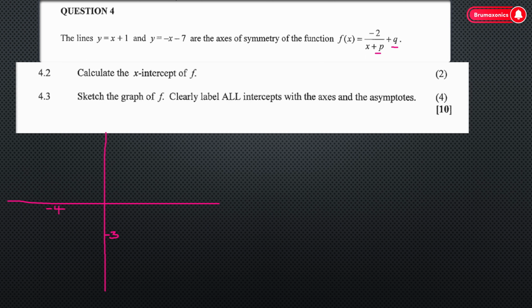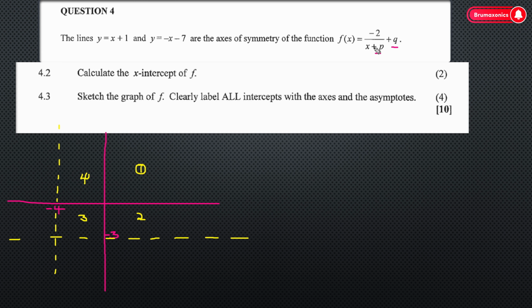And then I'm going to say that this will be our asymptote, and then here as well. This is our first quadrant, this is our second, this is our third, and this is our fourth.